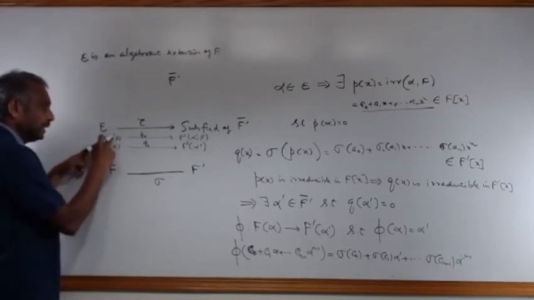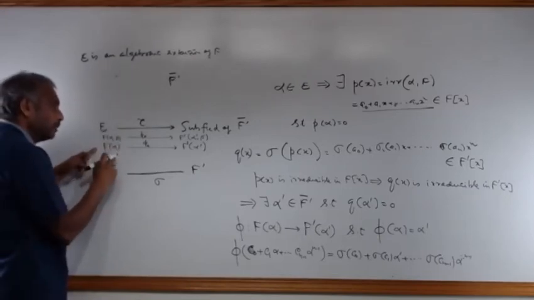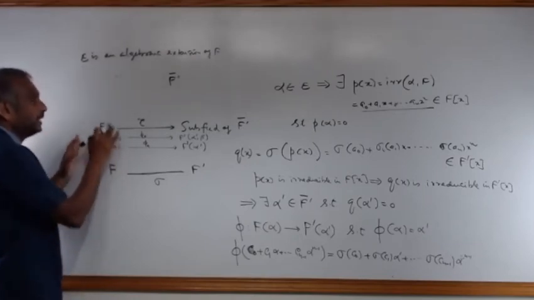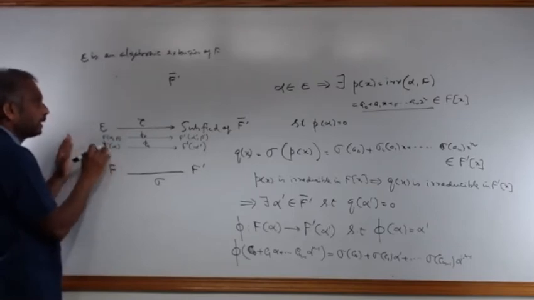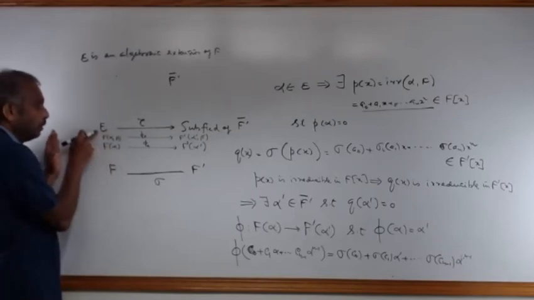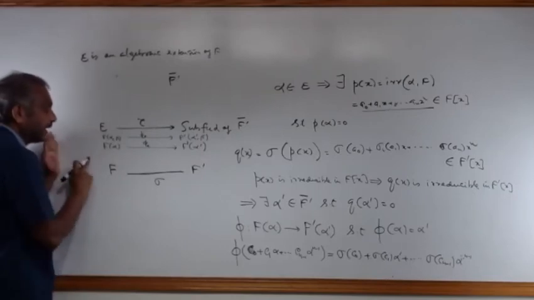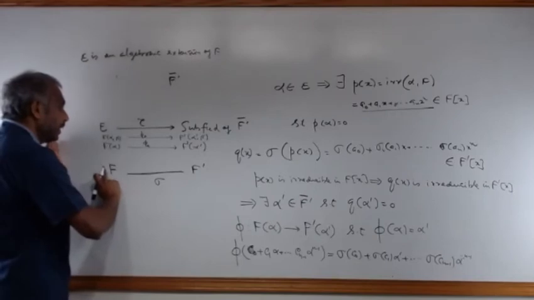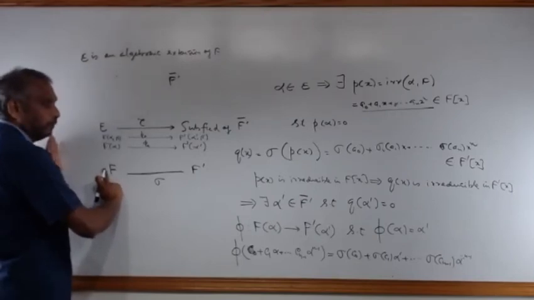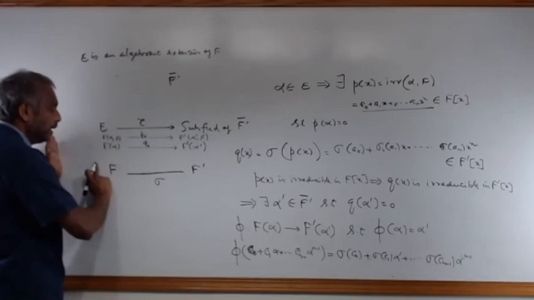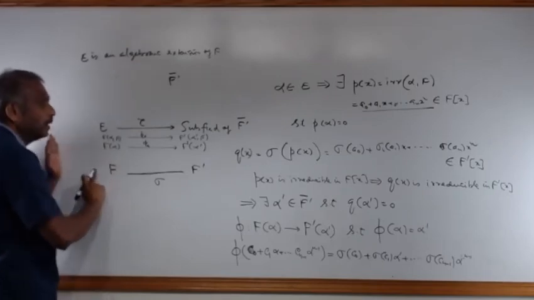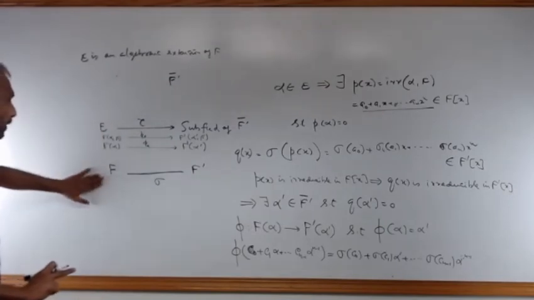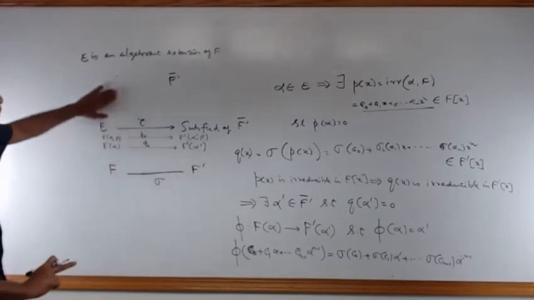So if we continue like this a finite number of times, we will reach E. So we are done with that theorem. But we don't know if E is a finite extension of F. All we know is E is an algebraic extension of F. It doesn't need to be finite. If it is finite, this argument goes very well and definitely we can extend sigma to tau.